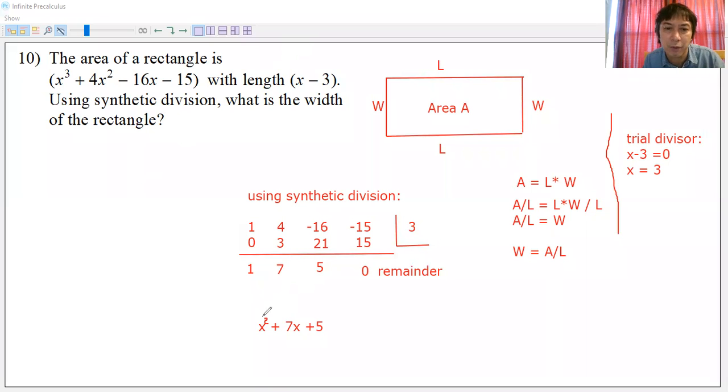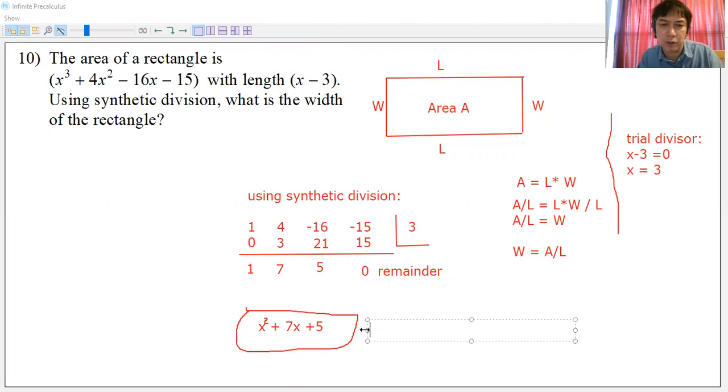So this will be our width, the required width of the rectangle in polynomial. So that's our answer.